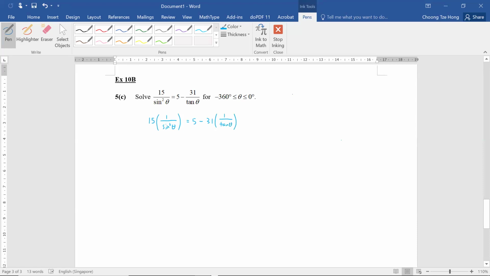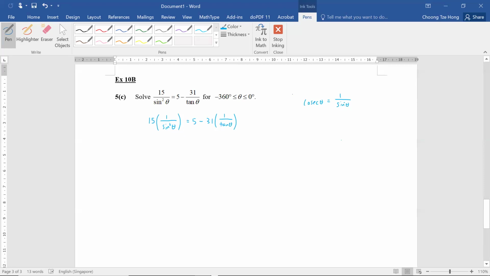Is there anything we can do to convert this 1 over sine square theta into something else? What should come to mind is cosecant, because we know that cosecant theta is 1 over sine theta.